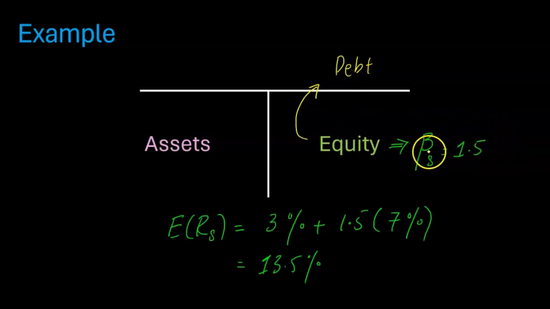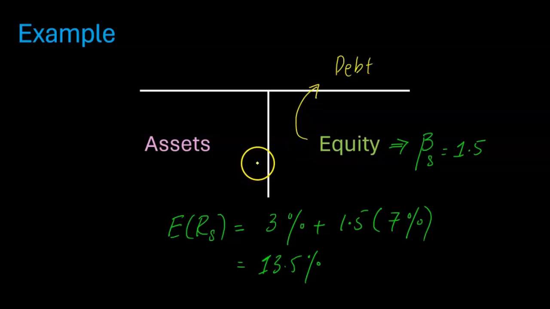All that to say that if currently the beta is 1.5 and therefore currently equity holders' required rate of return, or their cost of equity, is 13.5%, we can only use that as cost of equity if the firm continues to remain 100% equity funded. In other words, the capital structure does not change. So that is the first assumption.